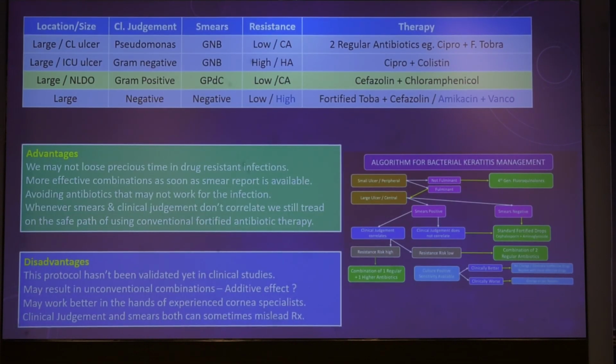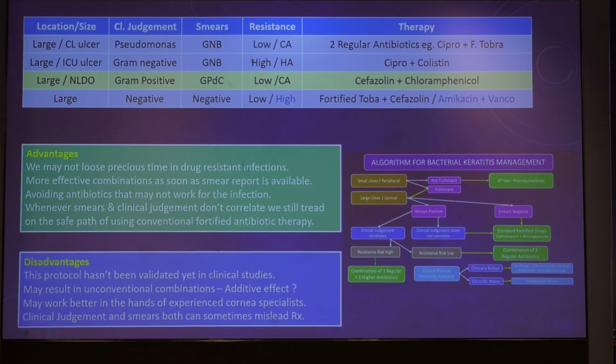Just to give you an example, you have a large contact lens ulcer with pseudomonas, clinically feels like pseudomonas, smears are GNB. The resistance risk that you feel may be low, maybe because it's community acquired. You could use 2 antibiotics which work well against gram-negative organisms.